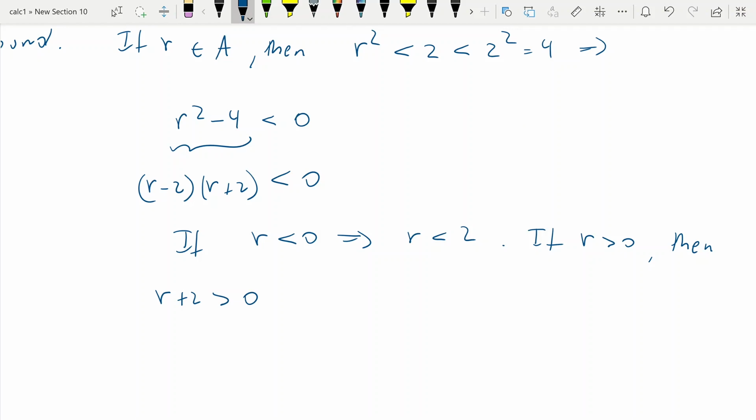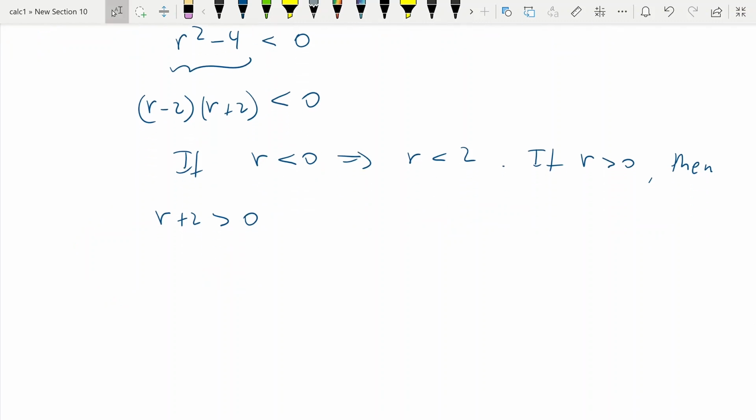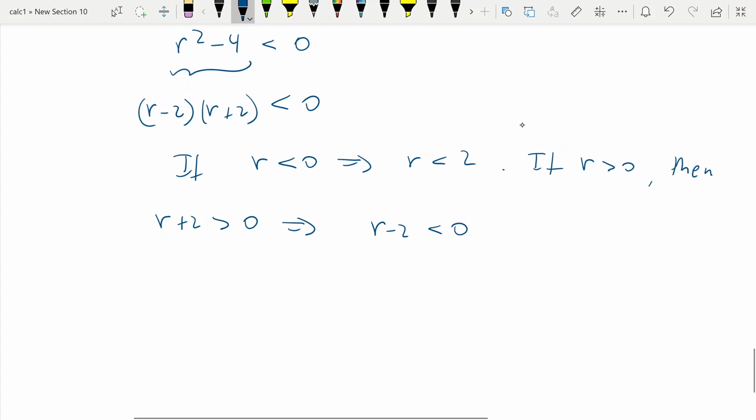And so we may multiply this expression by 1 over r plus 2, which is well defined because r plus 2 is not equal to 0. And this proves that r minus 2 is less than 0, which is the same as saying that r is less than 2.